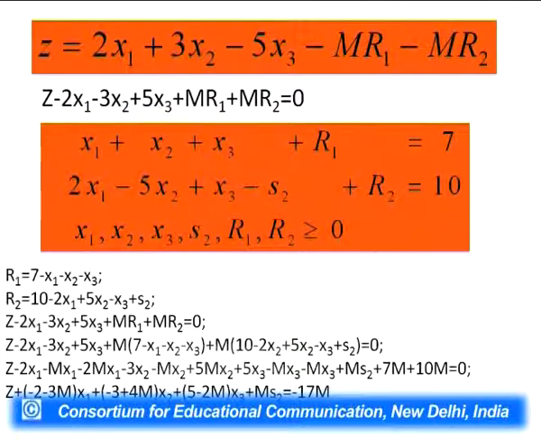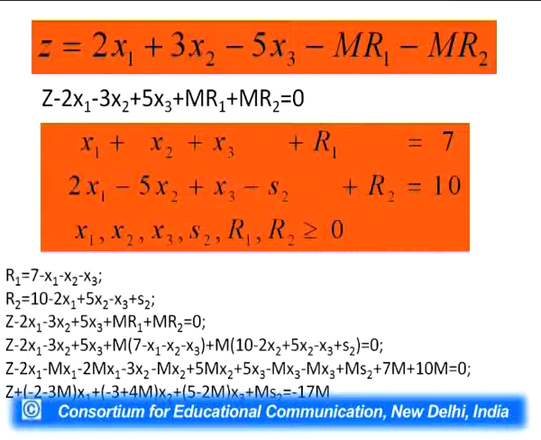In this equation, we will put the values of R1 and R2, so that we get rid of R1 and R2 from our problem. So, how to do it? We will repeat: z minus 2x1 minus 3x2 plus 5x3 plus Mr1 plus Mr2 is equal to 0. This is our basic equation showing us the objective function. This equation shows that R1 and R2 are present.